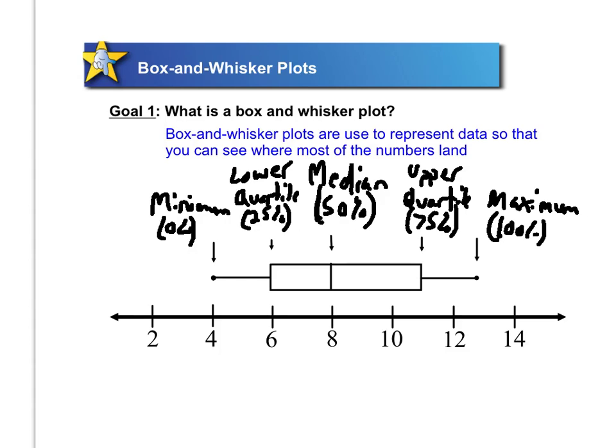That means that 100% of the numbers are at or below this, because it's the highest number, so everything is either included or below it. Again, the lowest number is the minimum, which means that 0% of the data is below it and 100% of the data is at or above it. So 100% of the data is this way.